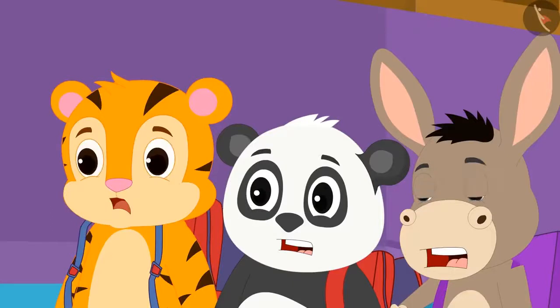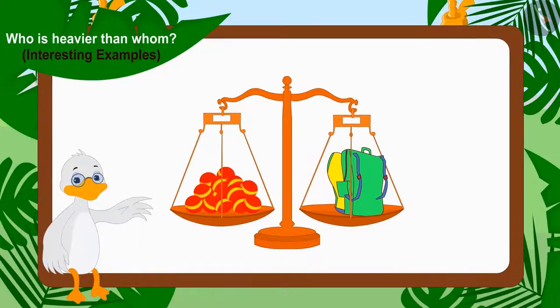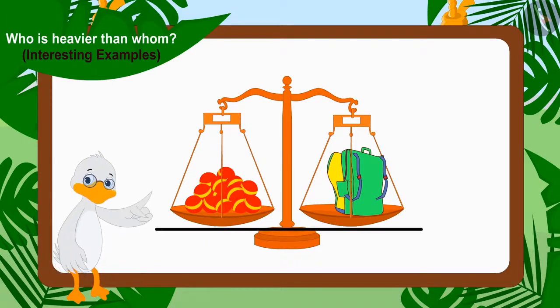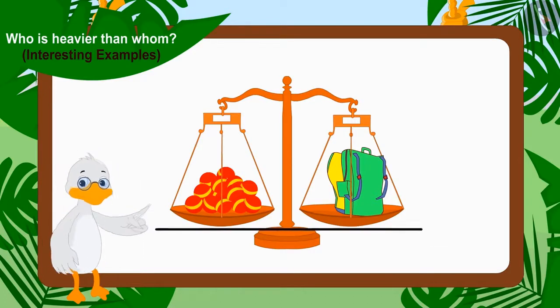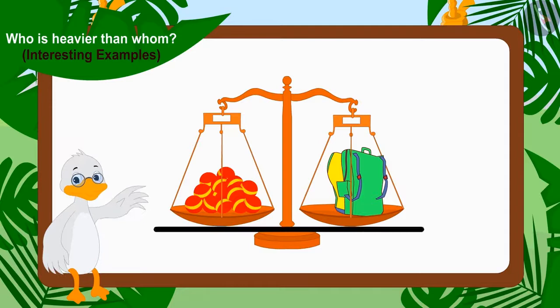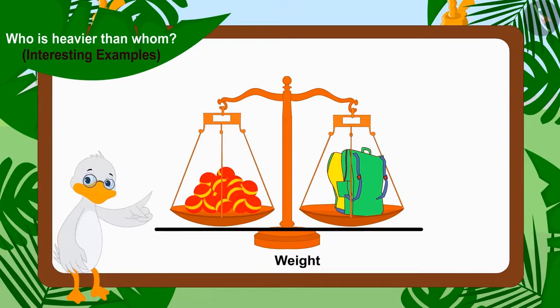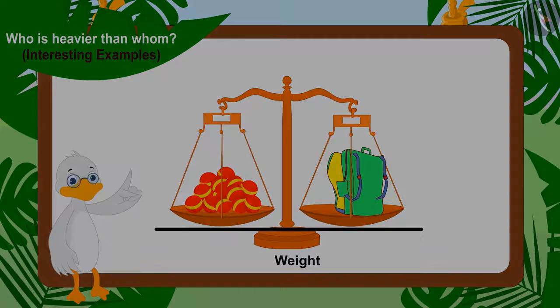The children could not understand anything. Uncle then explained to them that when the two plates of the scales are on the same level, it means that the weight of the objects in both the plates is the same.